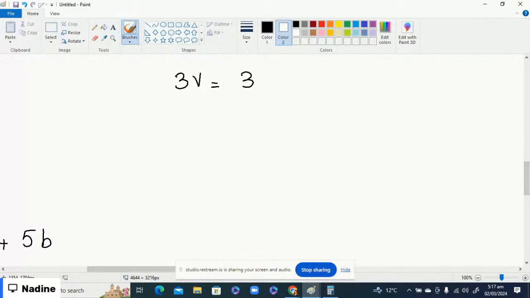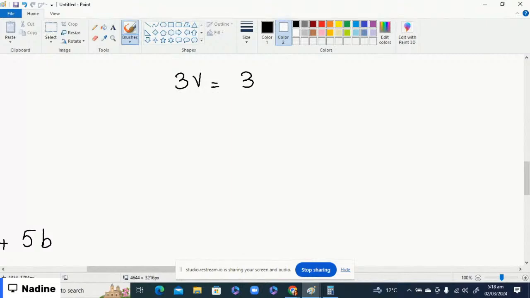When you move a minus number from left to right or right to left, it becomes positive. And if some numbers are multiplied and you move them from right to left or left to right, that number is divided.